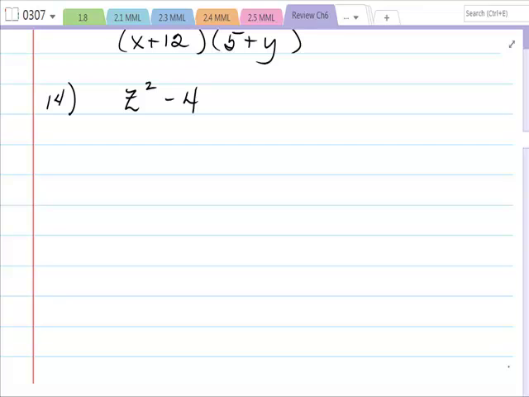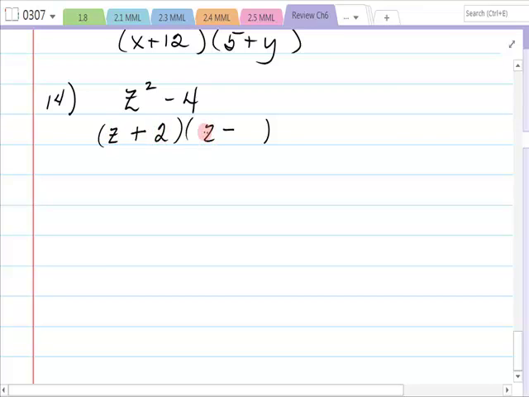That's really got to be present in your mind. It is a difference, a minus sign. That's a square, and 4 is a perfect square. When it is the difference of squares, it factors into the sum and the difference of their square roots. So z plus 2 and z minus 2. I always put the plus first, but that is by no means a requirement.